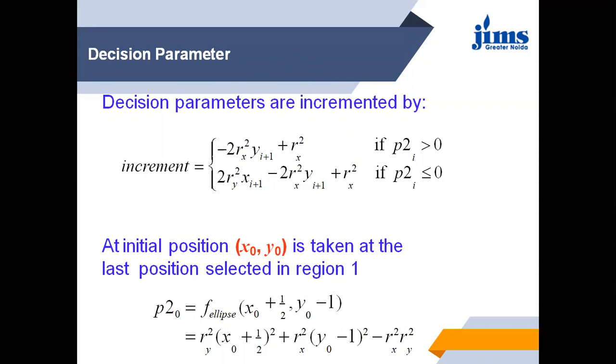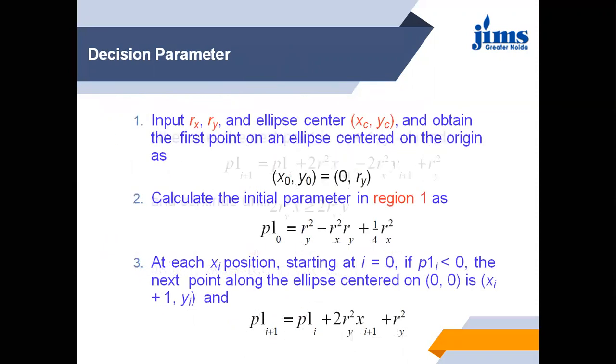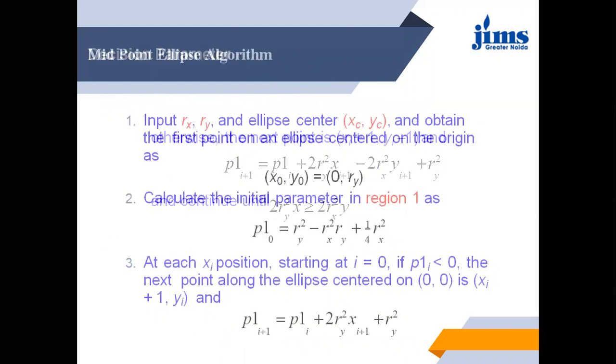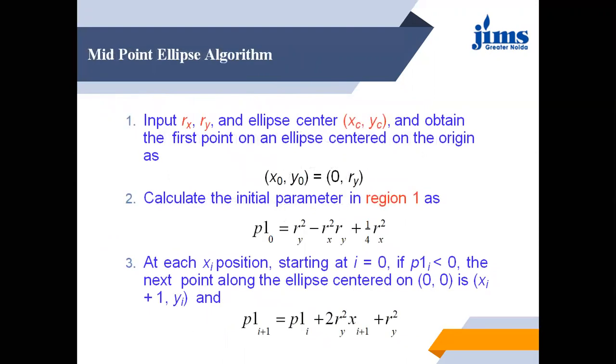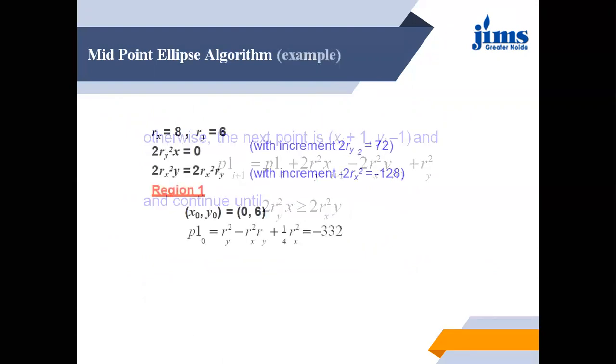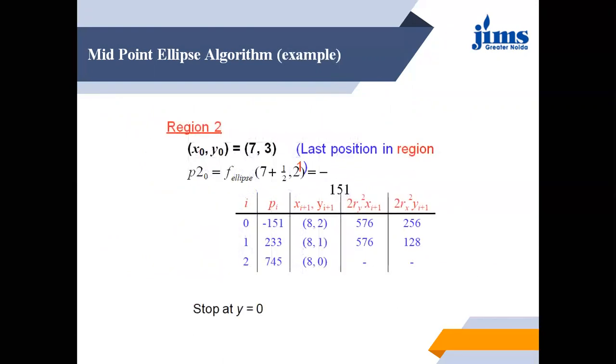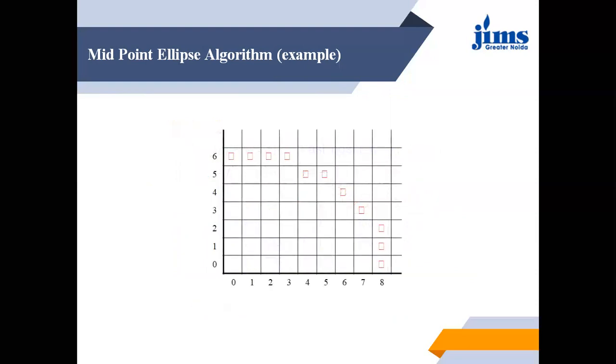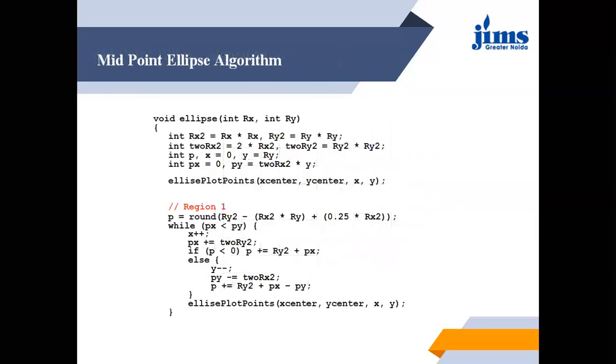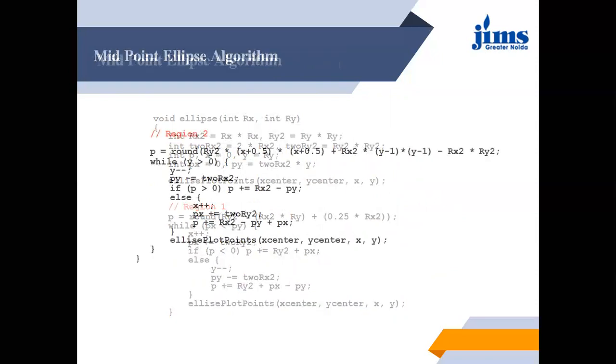In the line, generally they ask either from DDA or Bresenham's, but generally they ask for the DDA. And in the circle, they ask 100% for the midpoint circle algorithm. So these are the different points I try to find when I am using the values of x and y.